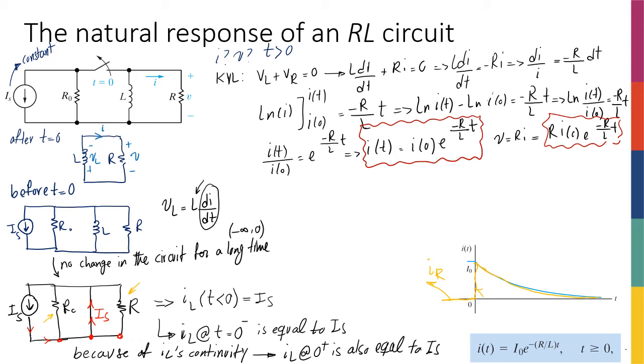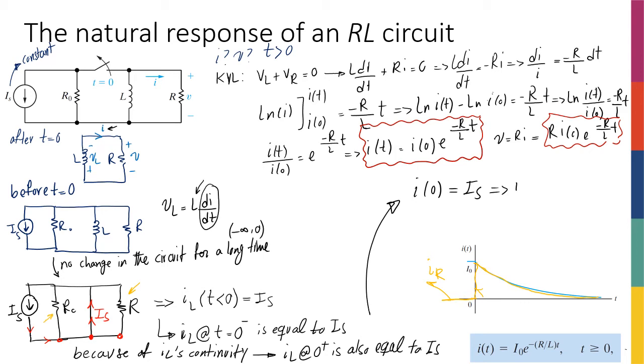Based on all these analyses, I at 0, because this I is actually flowing through the inductor as well, is going to be the current of the inductor, and it's going to be IS.